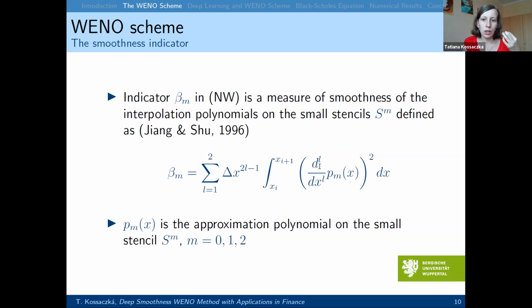So it should tell us something about the smoothness of this approximation polynomial, because we have here some first and second derivatives. And actually these betas have an explicit form which can be easily computed.